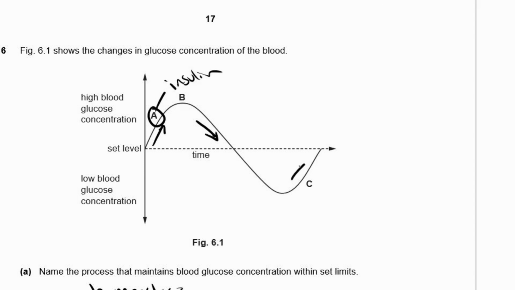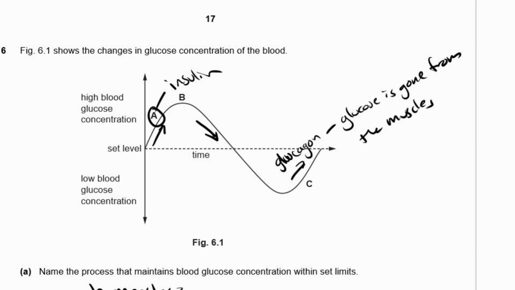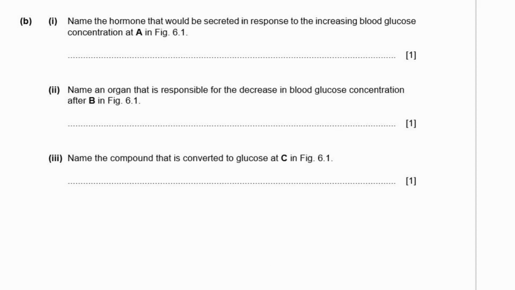To bring it back up, that will be glucagon. I always remember glucose is gone from the muscles. All right, that's glucagon. So at A, it is insulin.